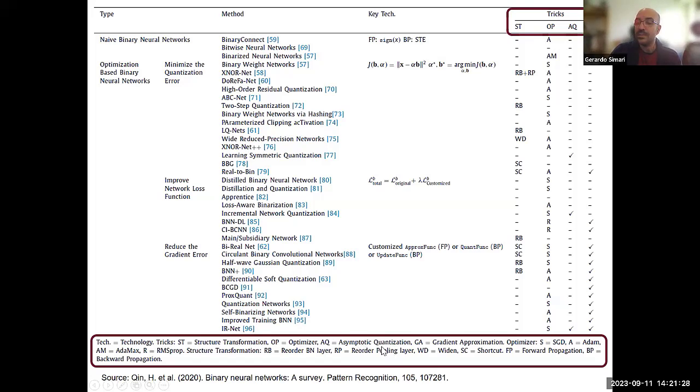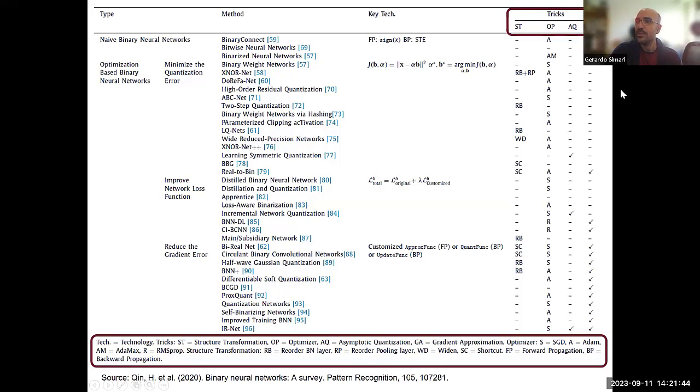Asymptotic quantization is another interesting trick that not a lot of works have ventured into, but it's pretty interesting what they do. And then there's gradient approximation, which you can see in the latter ones.